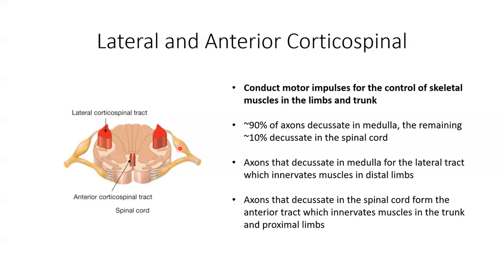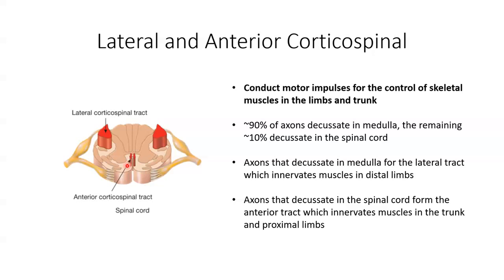The corticospinal axons, so about the 10% of those corticospinal axons that do not cross over in the medulla, form our anterior corticospinal tract. It runs down the anterior white column of the spinal cord.